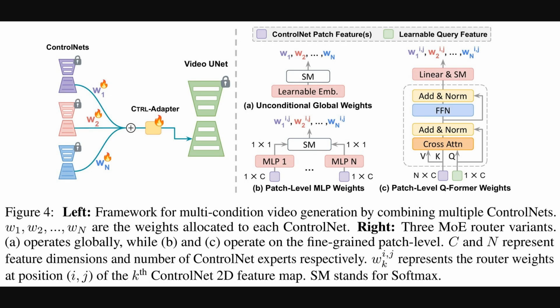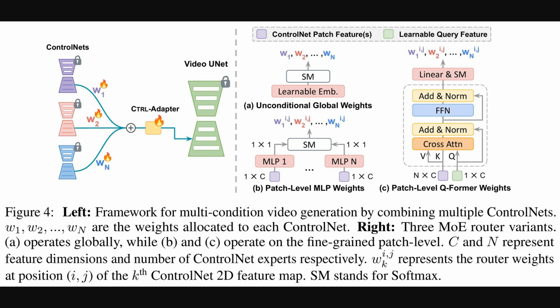So building on that lean design, this figure shows how Control-Adapter handles multiple control signals at once, especially for video. You see several frozen control nets on the left. Their inputs combined by the Control-Adapter before going into a frozen video UNet, a network structure often used for video tasks. The right side details 3 ways they designed a mixture of experts, or MOE, router.